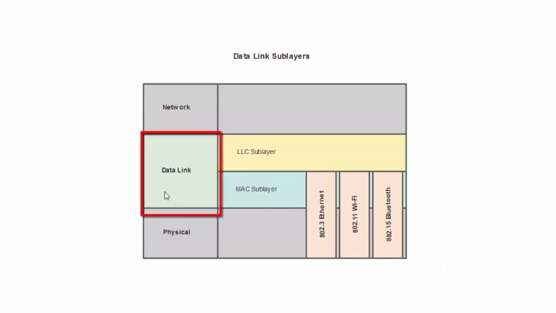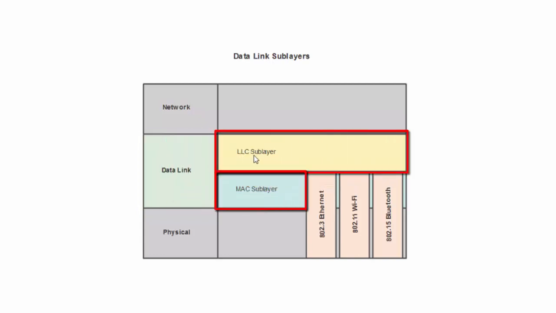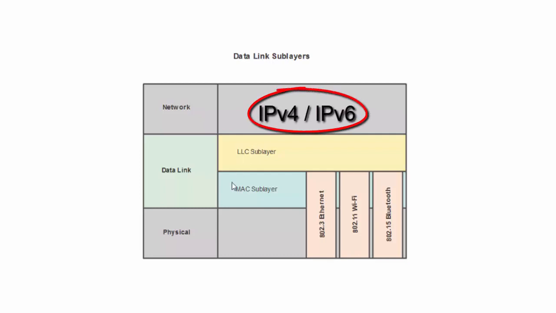However, if we zoom inside the data link layer, we will find that it is divided into two sublayers. One is the logical link control sublayer, and the other is the MAC sublayer, or medium access control sublayer. The reason for dividing the data link layer into two sublayers is to facilitate the access between the network layer protocols and the different types of media in the physical layer.